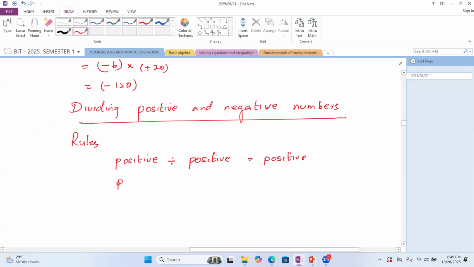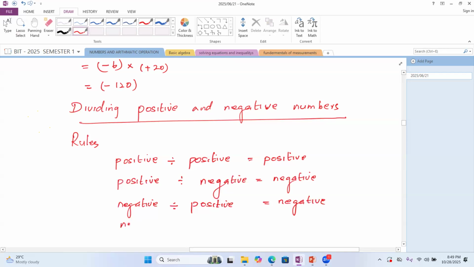Positive divided by negative, then we get the result negative. Then negative divided by positive, and also we get negative.